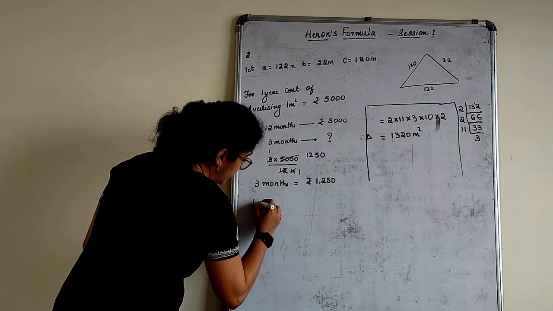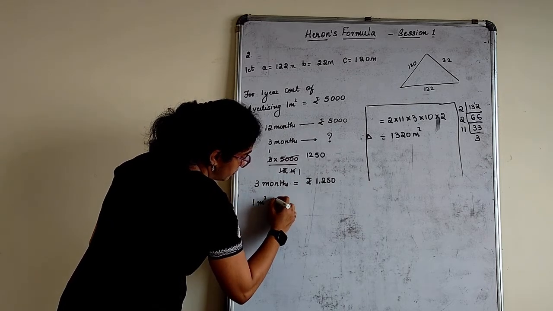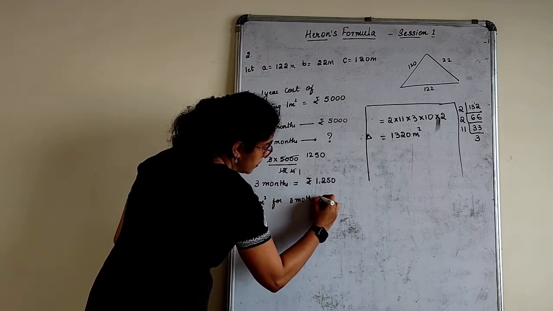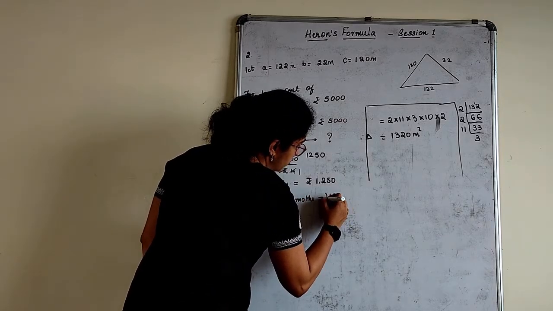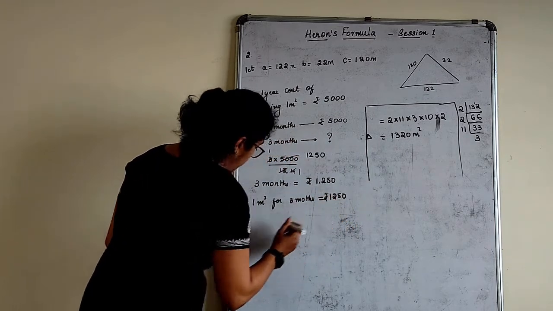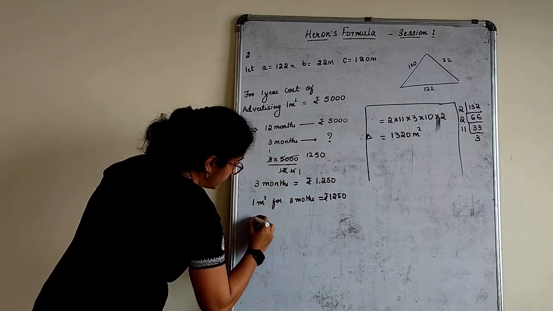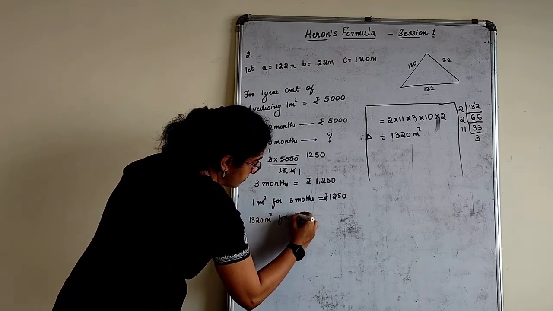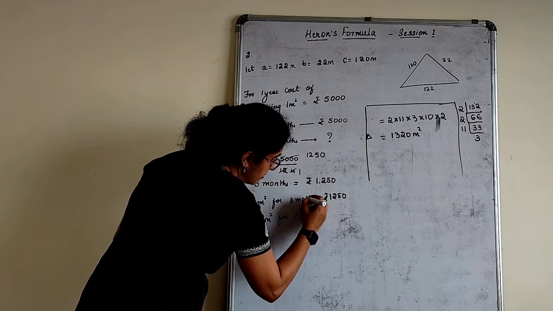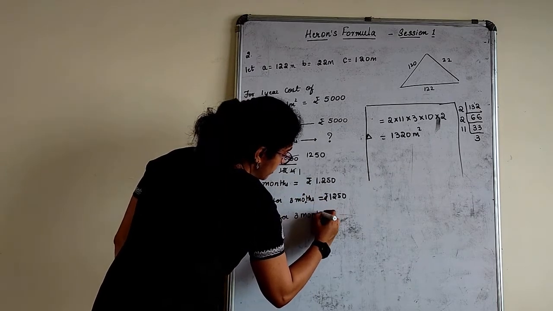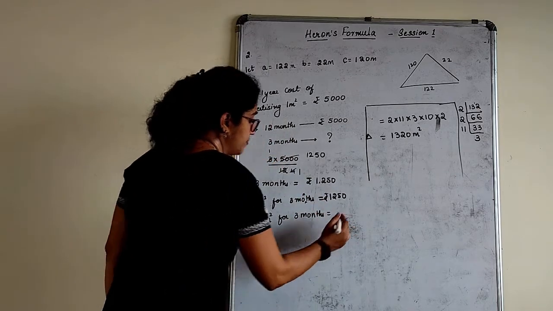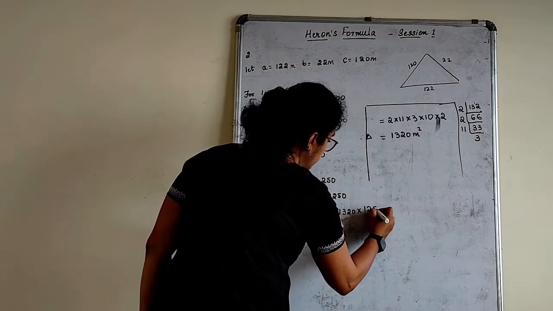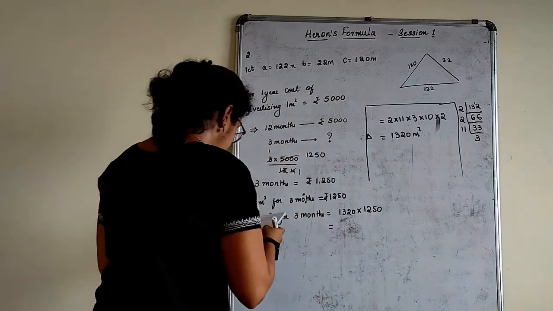Next, how much rent did they pay? For 1 meter square for 3 months, the cost is 1,250. For 1,320 meter square for 3 months, the billing is 1,320 into 1,250, a big number for multiplication.